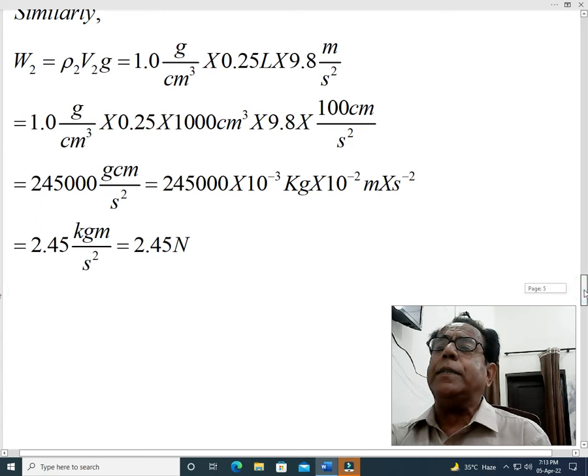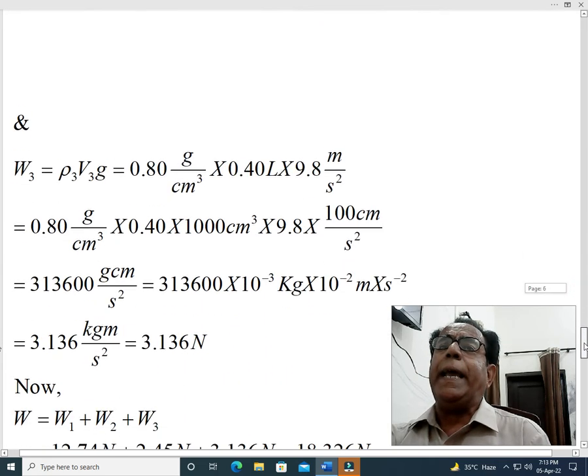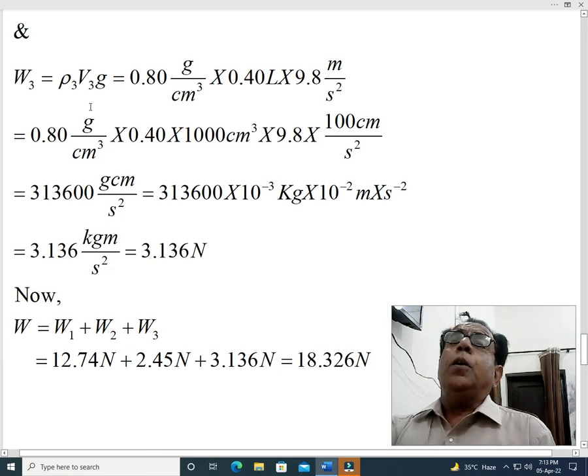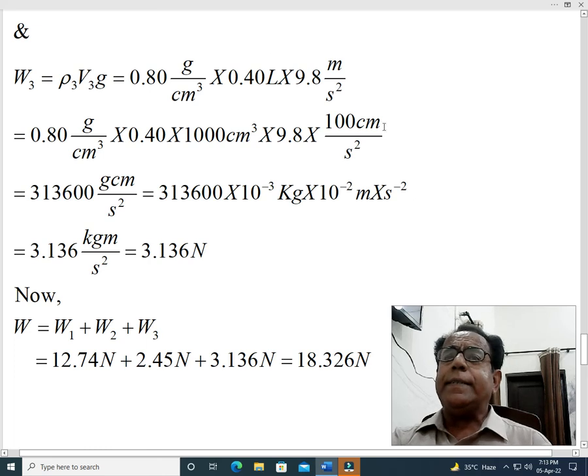Similarly, we will find W3. Okay, and W3 is equal to rho 3 V3 into acceleration due to gravity. Same procedure, same steps, except that here density is 0.80 gram per cubic centimeter and volume is 0.40 liter.